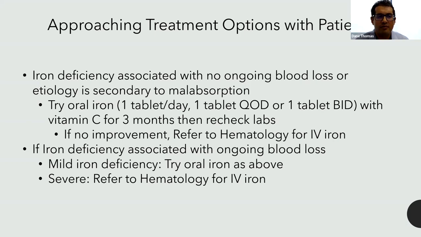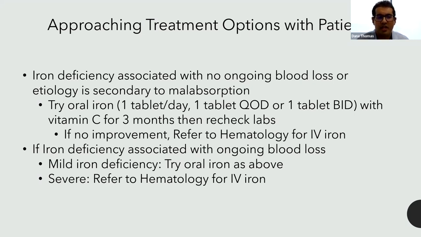If you have a patient with iron deficiency associated with no ongoing blood loss, or the etiology of the iron deficiency is secondary to malabsorption, you want to try oral iron supplementation, either having them take an iron supplement once a day, or 1 tablet every other day, or 1 tablet twice a day with vitamin C for 3 months. And then after those 3 months, recheck their labs to see if there's any improvement. If there is no improvement, then you should refer to hematology for consideration of IV iron.